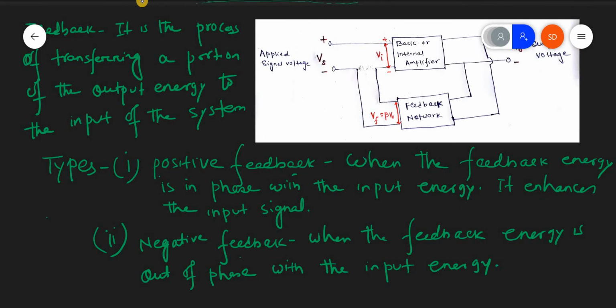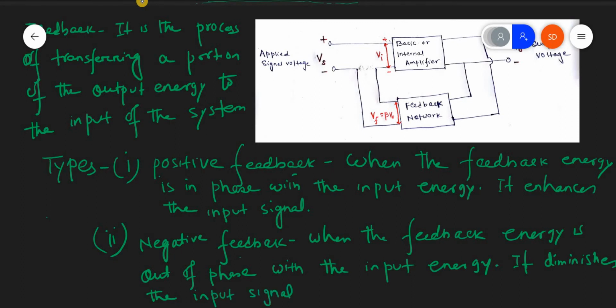That means when the feedback energy and the input energy have a phase difference of 180 degrees, it is called negative feedback, and it subsequently diminishes the input signal.